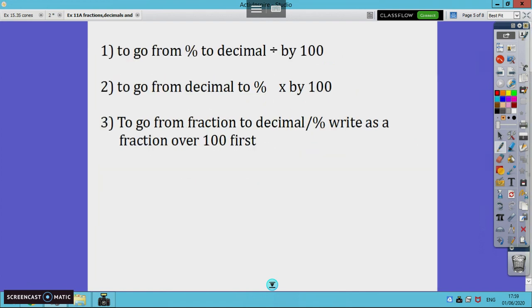So say I had the fraction 4/20. To get this as a percentage or a decimal, I would want to write it as a fraction over 100 first.